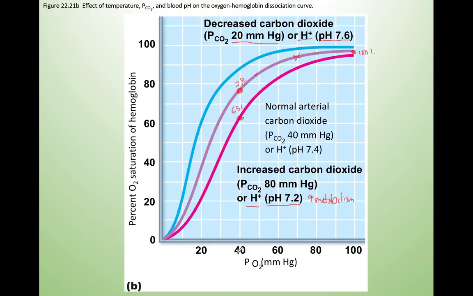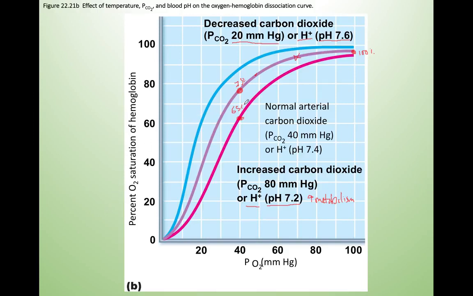But if any of the conditions mentioned above happen, then my body says, well, the pressure of carbon dioxide is already really low, so why do I want to release more oxygen to the tissue? It doesn't seem my body is using that oxygen anyway. So what I'm going to do is hold on tightly to that oxygen.